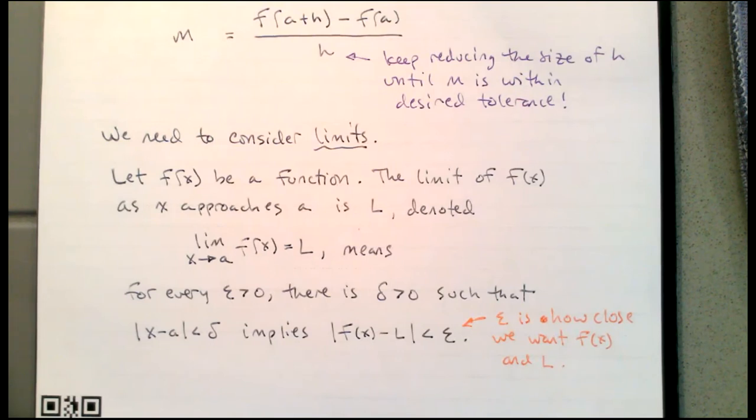We choose epsilon to be the nearest 10th or the nearest 100th. I want f of x to be within epsilon of L. That's why we write it this way.